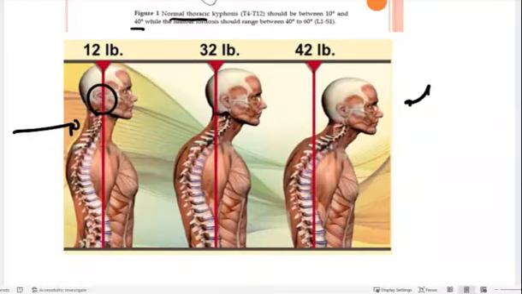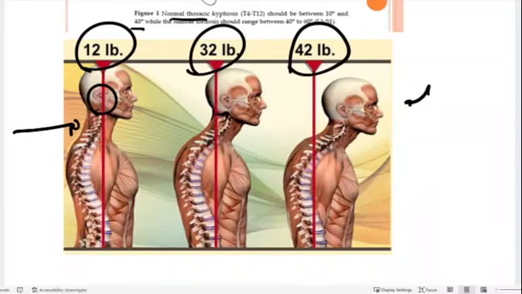As the head keeps going forward, it goes from 12 lb to 32 lb, and then 42 lb, which is the amount of force to be produced by the neck extensors to maintain this posture. They have to produce more force to hold your head in place, and it increases when you go into the forward head posture.